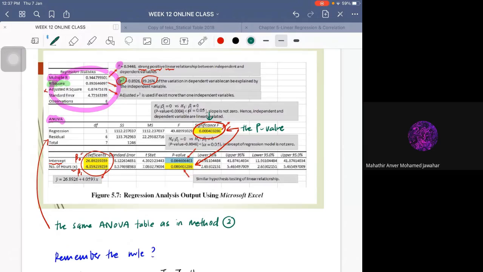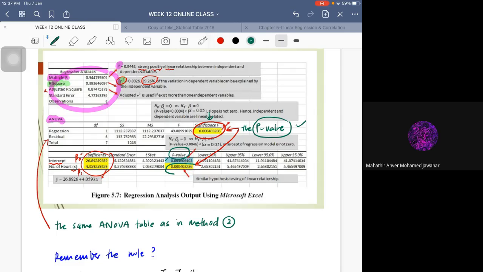Instead, it gives you a p-value. So when you do the test, this is the p-value that you're going to use for the linearity test. There are actually two places where the value is given. First, on the ANOVA table, this significance F value, and it is also written over here, under the P value, which is the P value for beta naught.